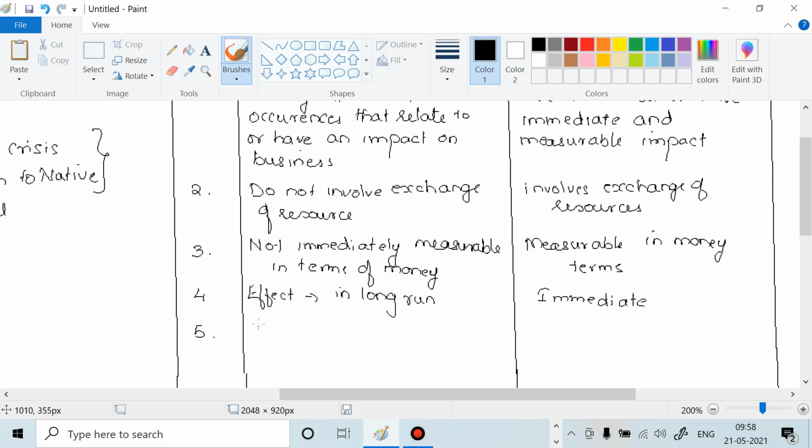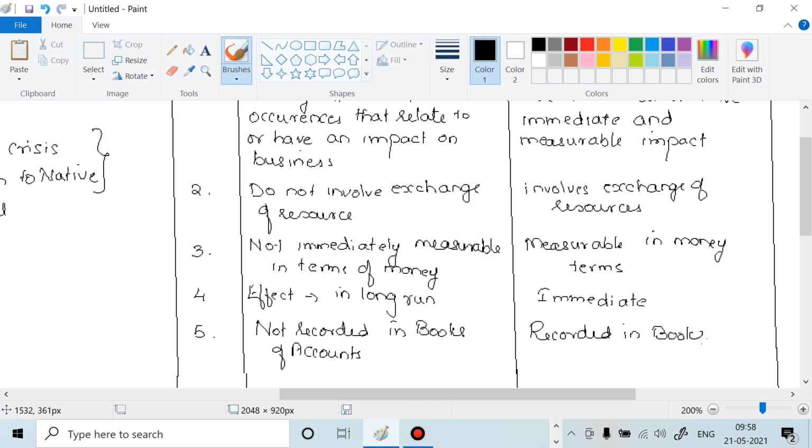Events that we're talking about are not recorded in the books of accounts. So Sohan going back to his native does not appear in the books of accounts. You don't pass an entry for that. You cannot, and you don't. But transactions are recorded in the books of accounts.